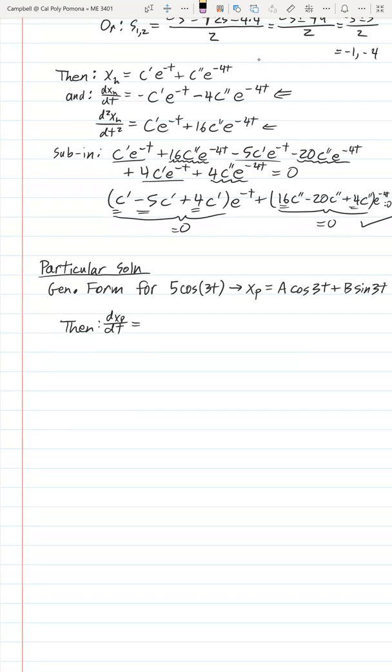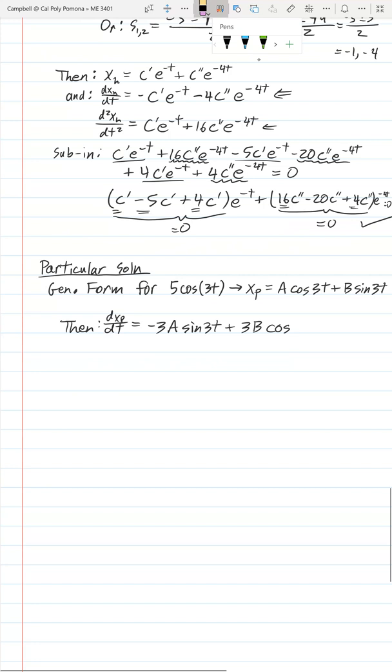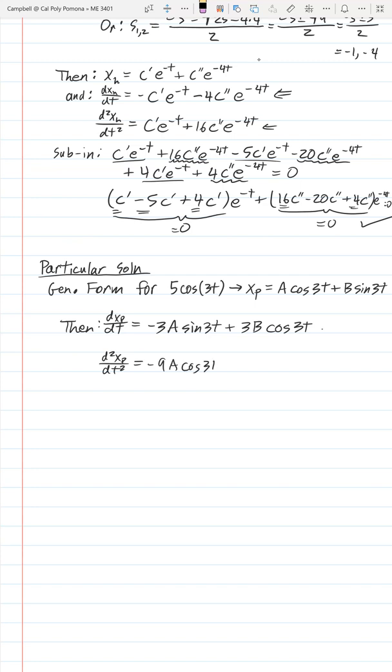Negative 3a times now sine 3t plus 3b times now cosine, oops, not b. Don't ask me why I wanted to write a b there. Cosine 3t. And then we have d²xp/dt². And that's equal to negative 9 times a times cosine 3t minus 9 times b times sine 3t.